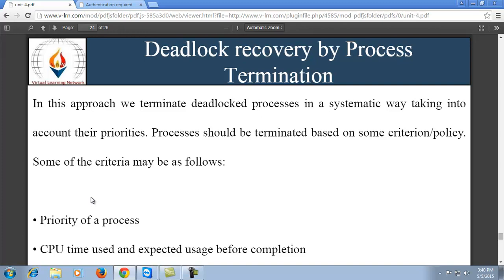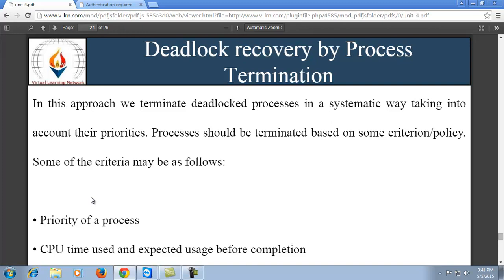Some of the criteria may be as follows. Priority of a process. If a process has the higher priority and is executing, and the processes in a queue do not have a higher priority, then those processes have to terminate for execution of the higher priority process.